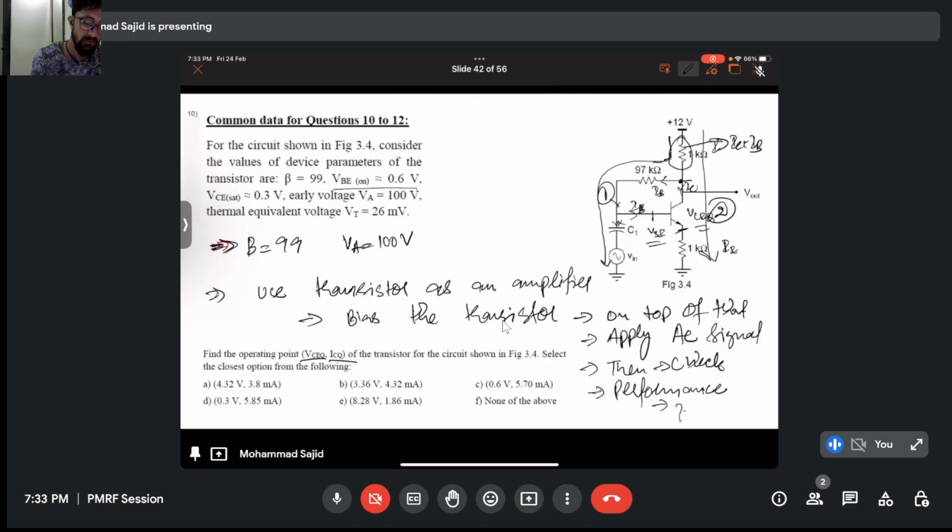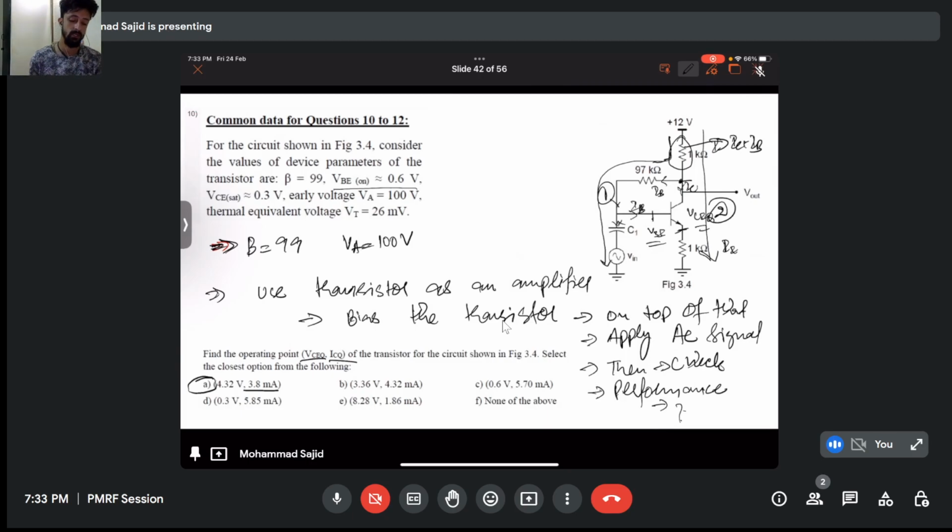Okay. So what was asked? Let's say solve the MCQs. One of the tricks is to see the options, right? We got ICQ as 3.8 milliampere. Now, if you look at the options, only in option A there is 3.8 milliampere. If you have done calculations correctly and you are sitting in competitive exams, one of the good ways to solve the question is to go through the options.